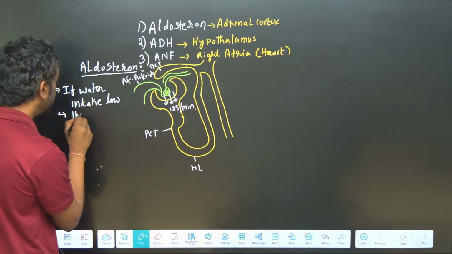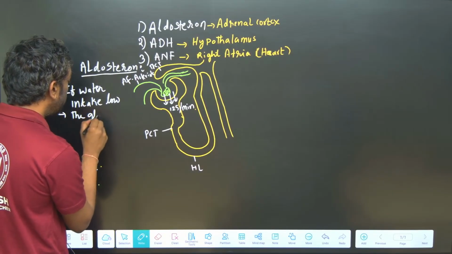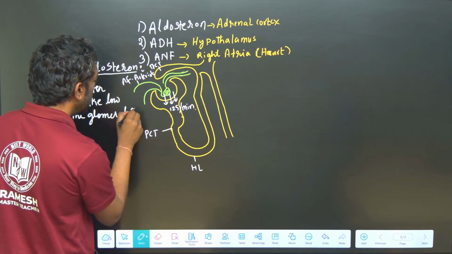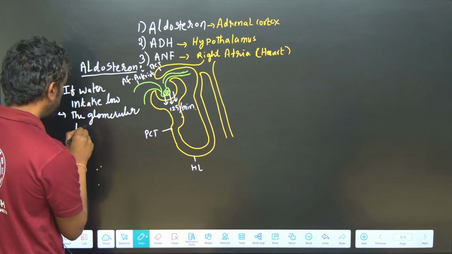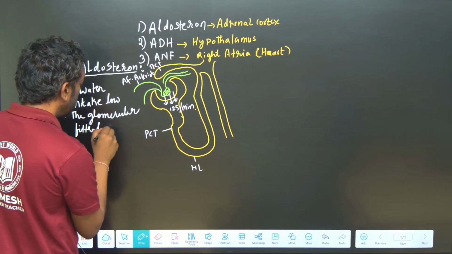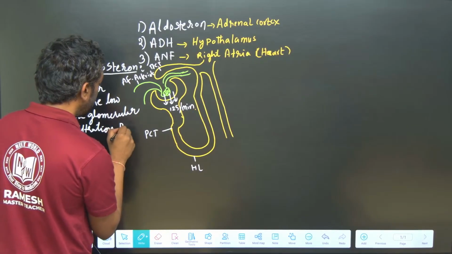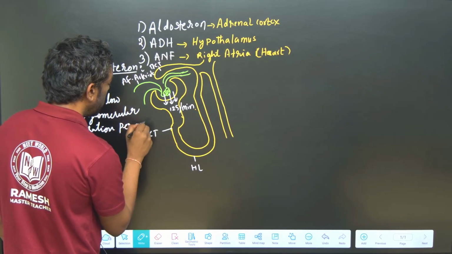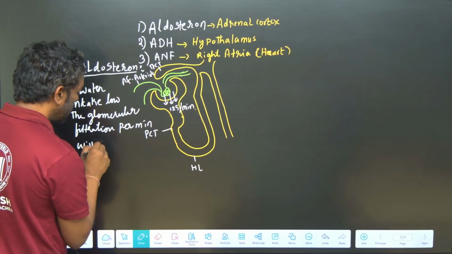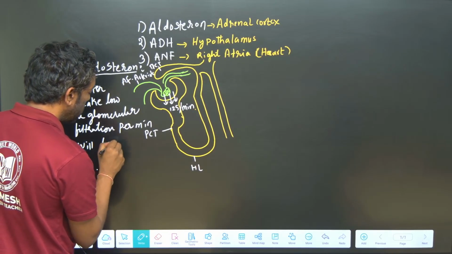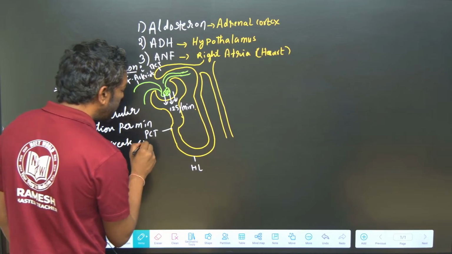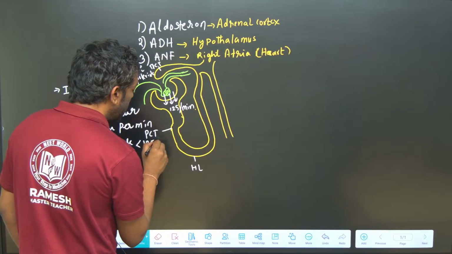The glomerular filtration per minute will decrease, becoming less than 125 ml per minute.